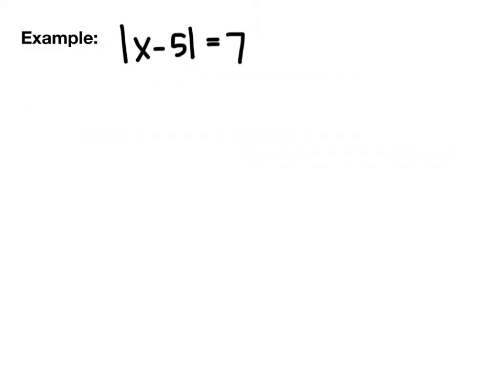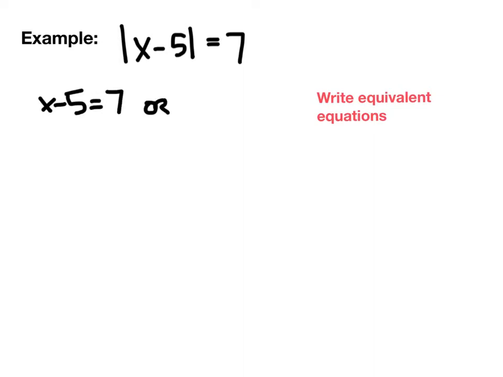All right, in this first example, we have the absolute value of x minus 5 is equal to 7. So my first step is going to be to write both of the equivalent equations. Those would be x minus 5 is equal to +7, or x minus 5 is equal to -7. And now we can just solve each of these for x and simplify.